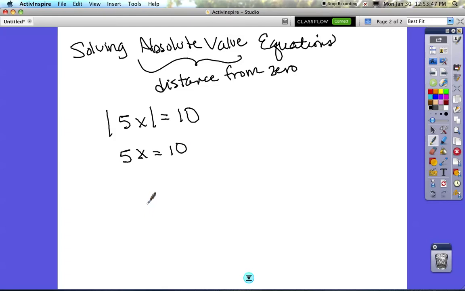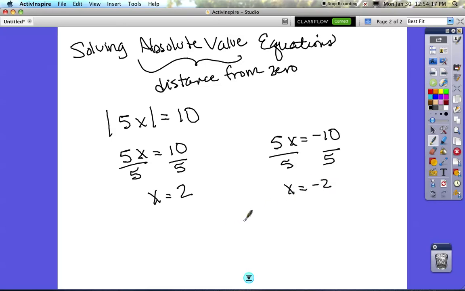Now the next equation, you're going to make the 10 negative, because remember, it's distance, so it can be from positive 10 or it can be from negative 10. Okay? So how would I solve for x here? Divide by 5, so that x equals 2. This x would be negative 2.